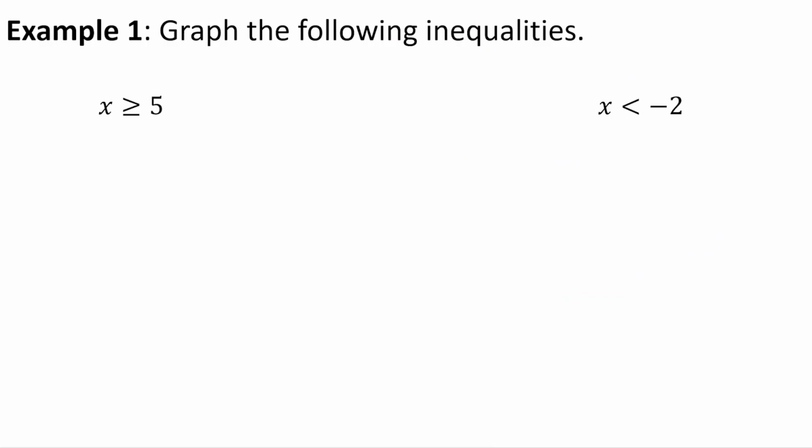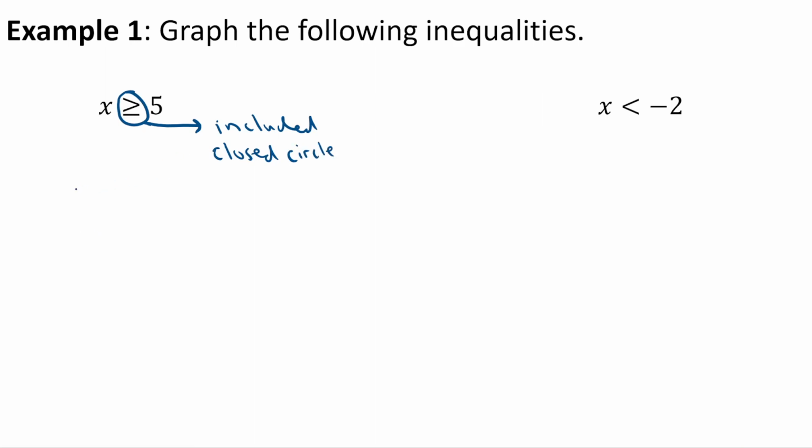For the first one, we have x greater than or equal to 5. If I look at the symbol greater than or equal to, I think of a few words here. I think of the term included, and I think of the term closed circle to be exact.